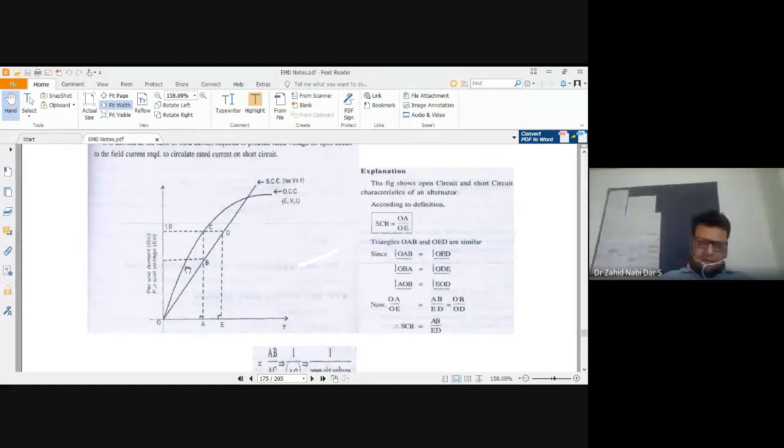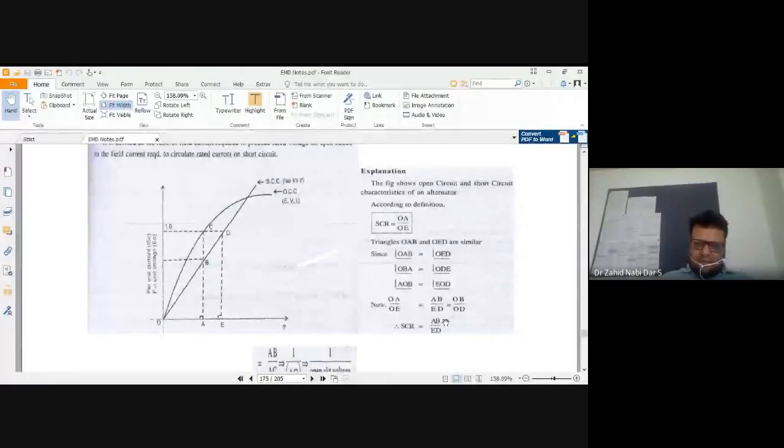In class 8 you have studied similar triangles. So angles AOB and EOD are equal. You can write OA by OE, and by the property of similar triangles, AB by ED as well.